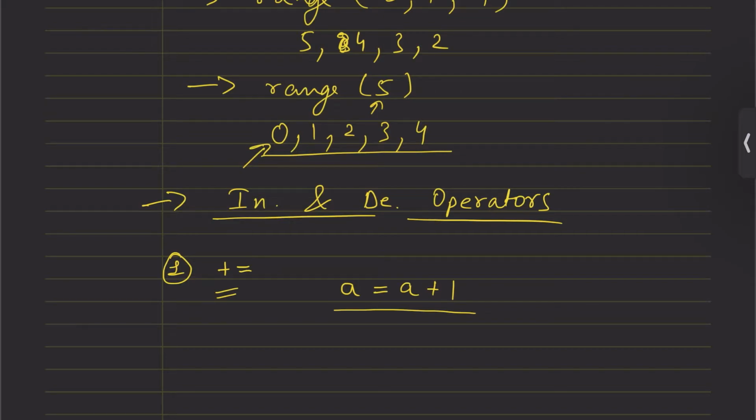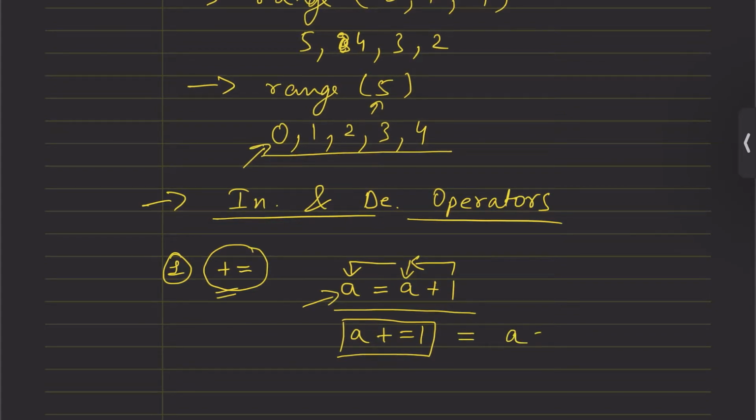Whatever value a has, 1 will be added to it, and then the total will be assigned to a again. If I want to use this operator, I can write it like this: a += 1. This statement is equal to the a = a + 1 statement. Both of these statements are actually the same in Python.